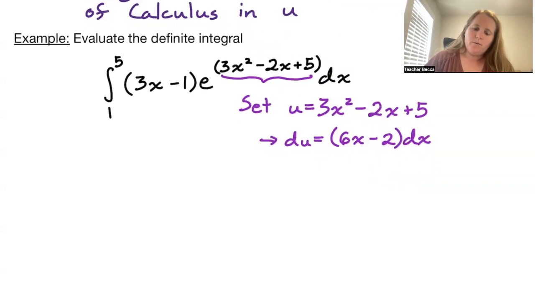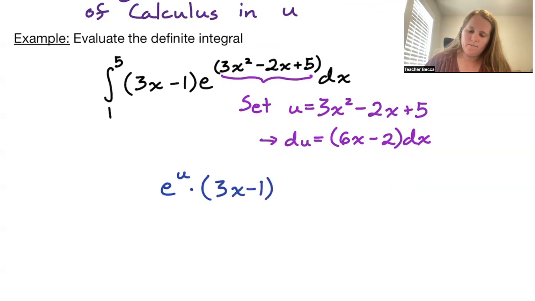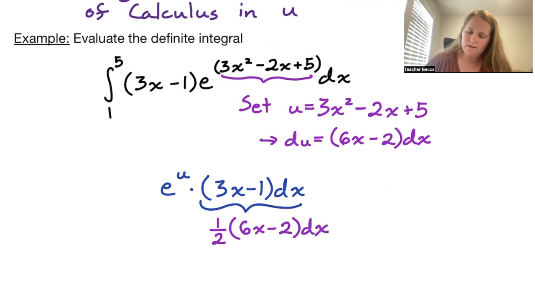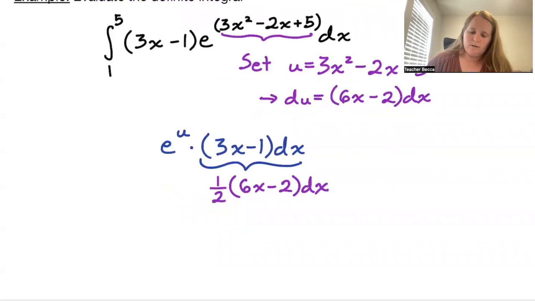So at this point, we have e to the u times 3x minus 1 dx. But note, 3x minus 1 dx is just 1/2 times 6x minus 2 dx, which is just 1/2 du.